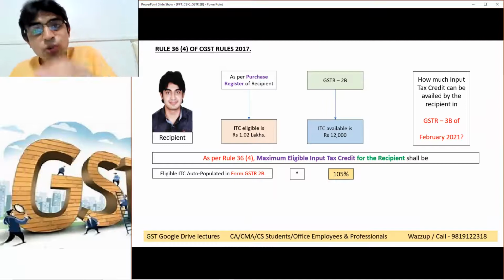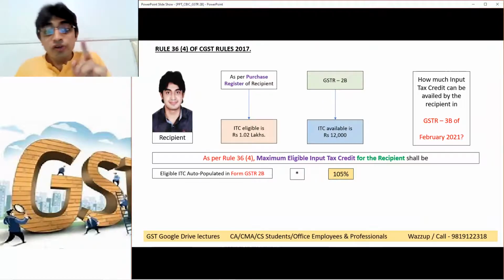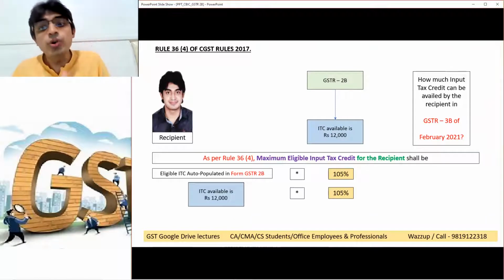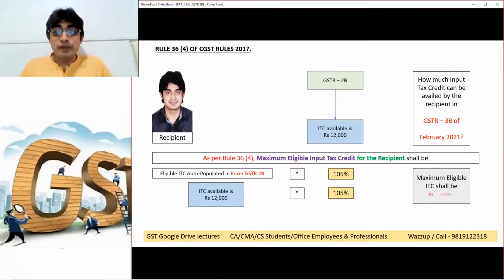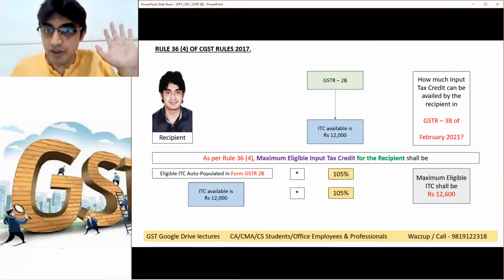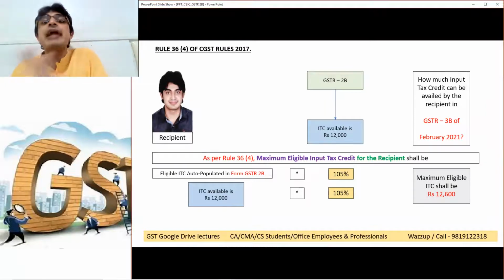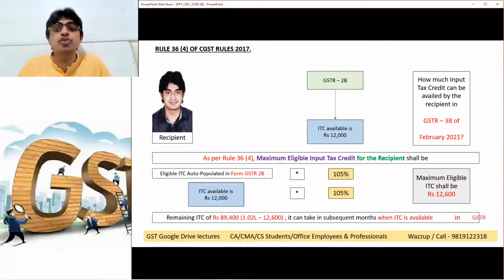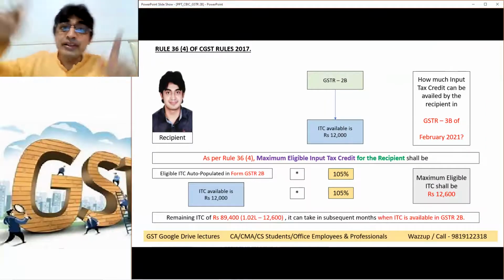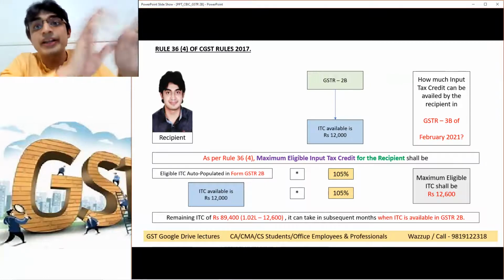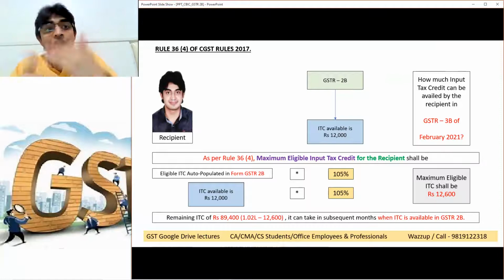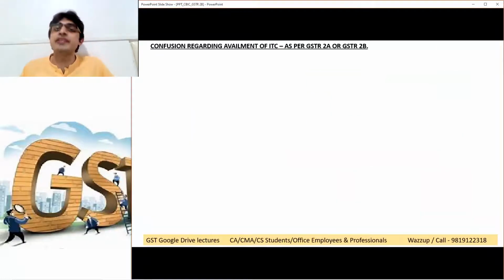Whatever is there in my 2A and 2B, only that much. So 12,000 into 105% comes to 12,600. This is the maximum eligible ITC. So 1,02,000 minus 12,600, whatever remains, I will avail when that supplier files GSTR 1 correctly. When that supplier files, this balance ITC will be availed at that time. Clear? So this is what rule 36 sub rule 4 says.